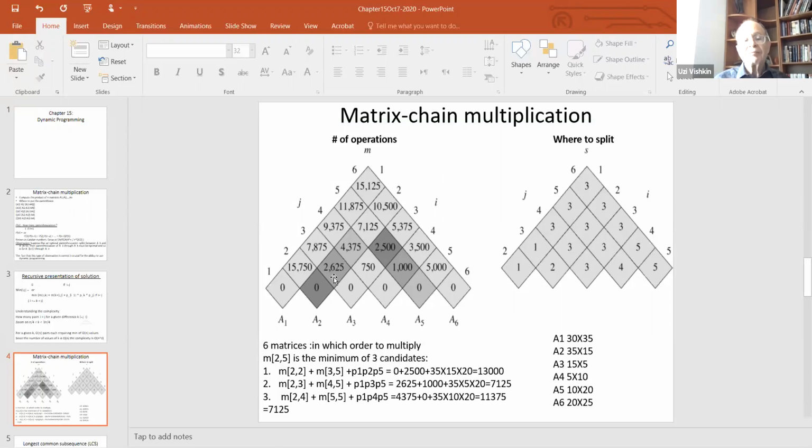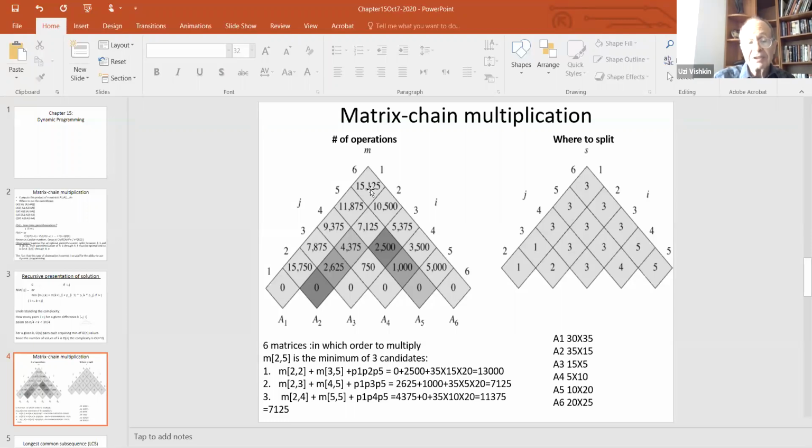Here I hardly have to compute anything. It's just straightforward, so you can say that this is n. When I'm at the top, the very last recursion is also linear in the number of matrices.